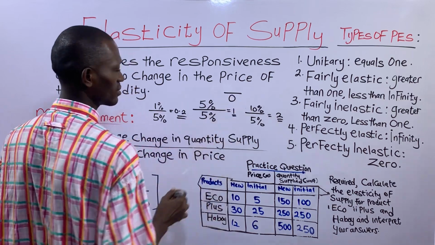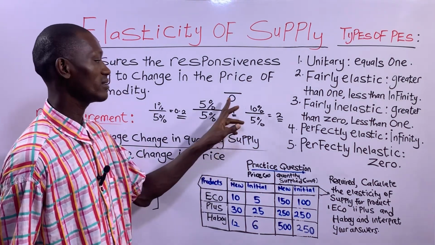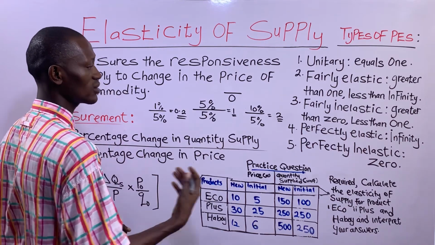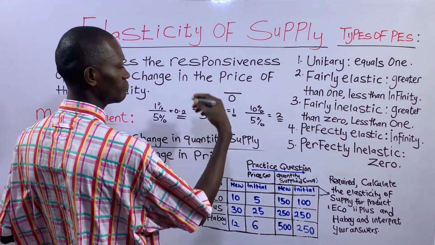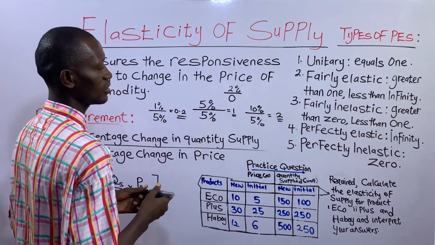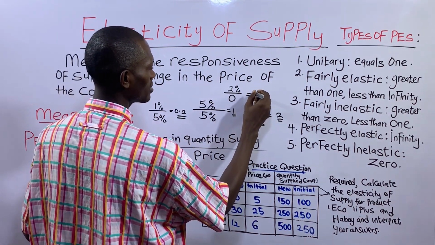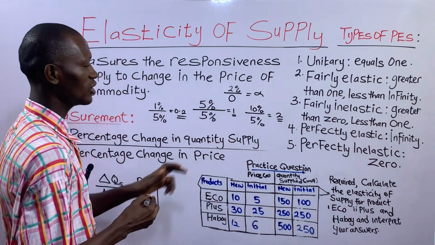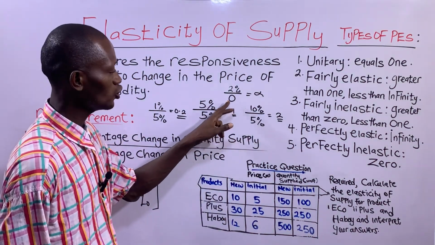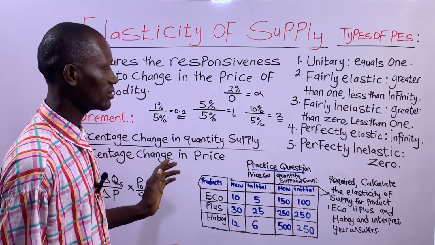That's constant. So in economics, we denote constant by zero. Then the quantity supplied, let's say it varies, changes by 2%. So 2% divided by zero gives us infinity. Infinity means the number of zeros you can get in the denominator is not known. That's basically that.